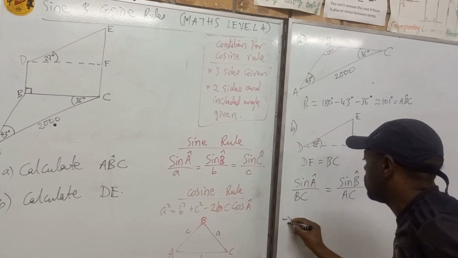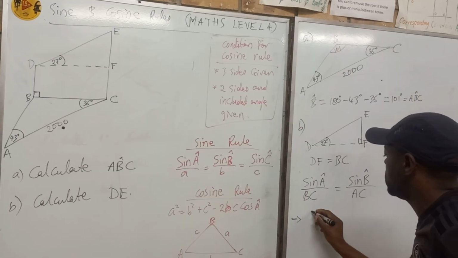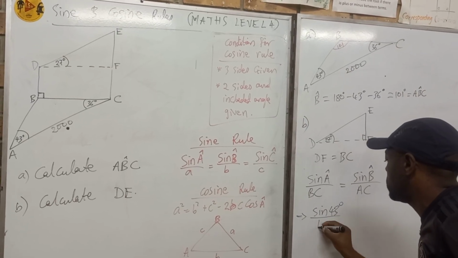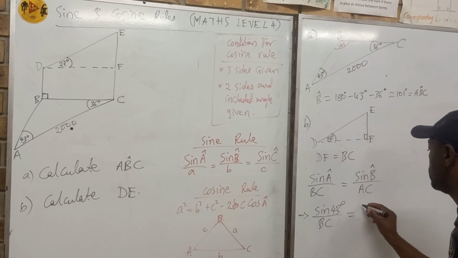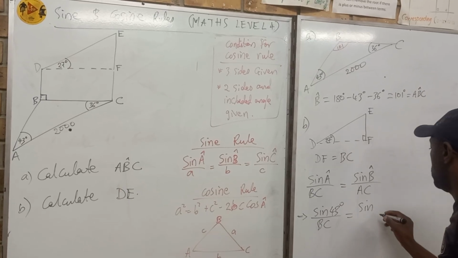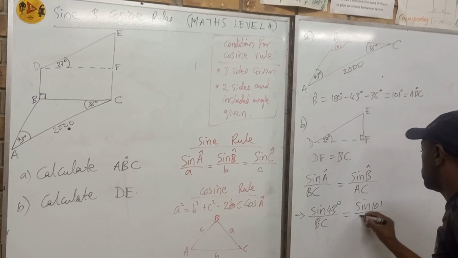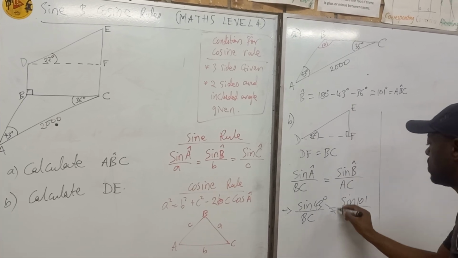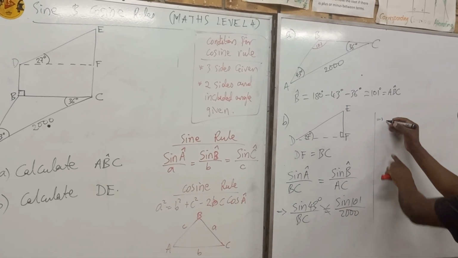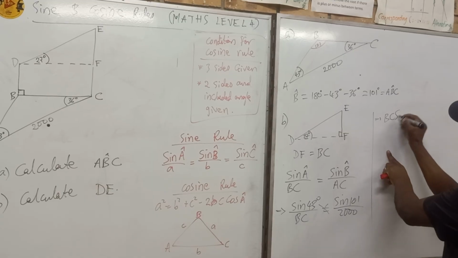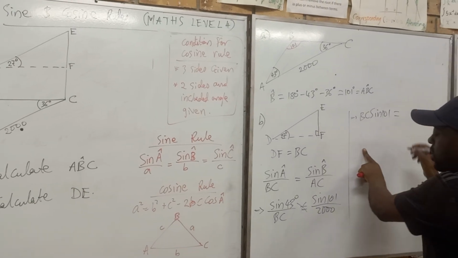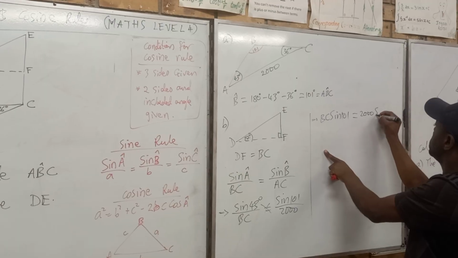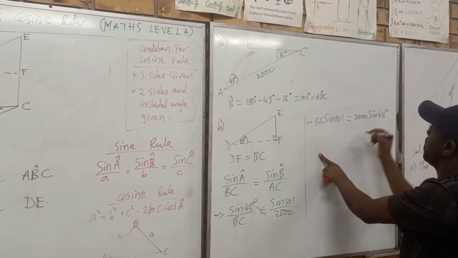If I substitute my information into that, sine A is sine 43, BC I'm looking for, angle B is 101, AC is 2000. From there, if I cross multiply, BC multiplied by sine 101 is equal to 2000 multiplied by sine 43.